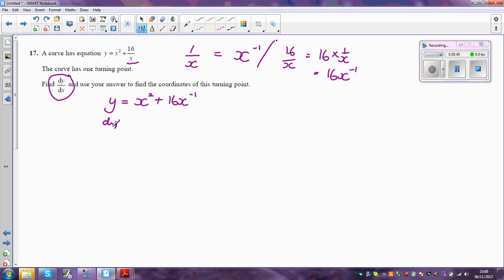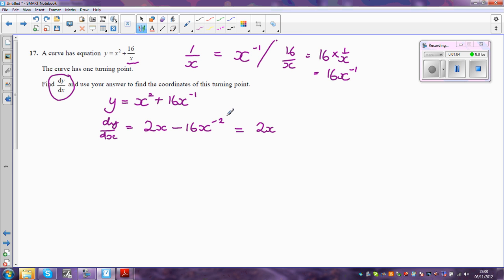Right, let's now differentiate that. So dy by dx is going to equal, okay, that's easy, 2x. Now remember, we multiply the 16 by the minus 1, that gives us minus 16, and then the power of x reduces by 1 to minus 2. And it's a good idea here to rewrite that expression back in this form where we don't have a minus power.